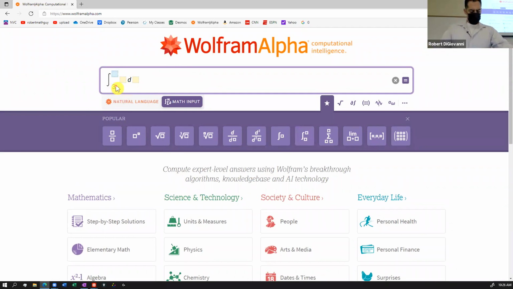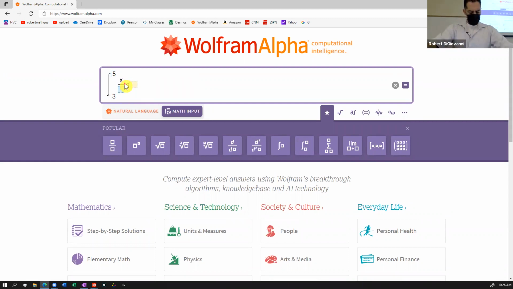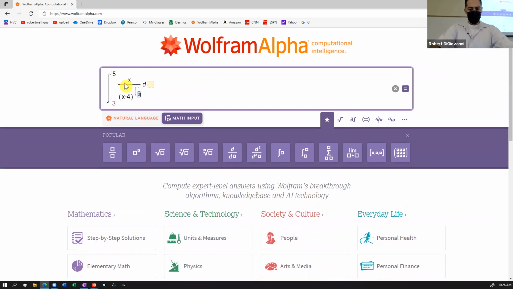3 to 5. Do you think it's smart enough to know that there's a discontinuity in the middle there? Let's see. So this is going to be x over the cube root of x minus 4, so I'm going to raise it to the 1/3. Drum roll.